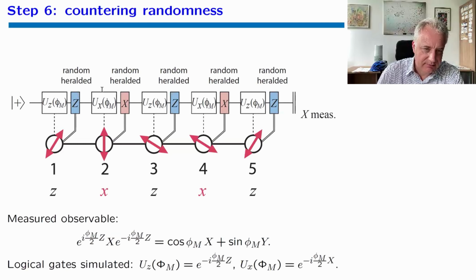Then, as we've seen before, Z and X rotations alternate, and then the whole game starts over. So we have all these heralded random Pauli matrices sitting here in the simulated circuit. We do not want them, but we have them, and so we need to deal with them. How this is dealt with, we talk about now.